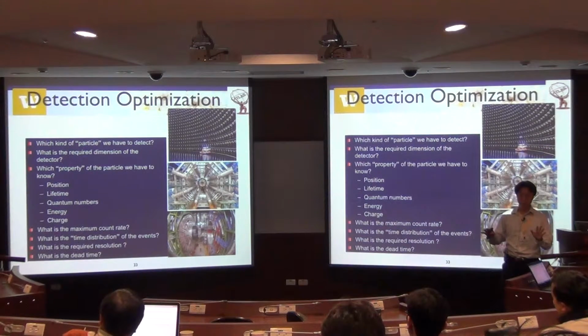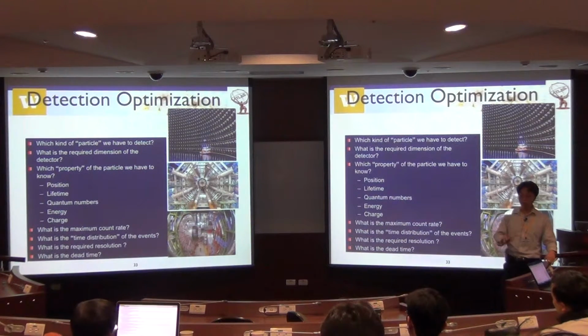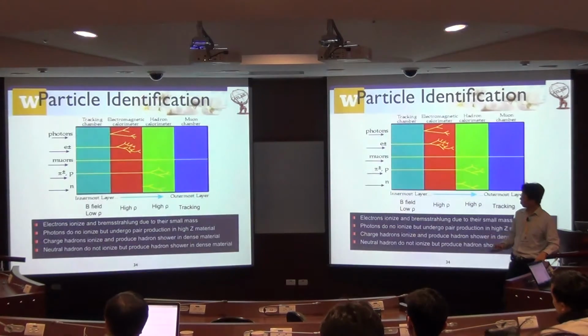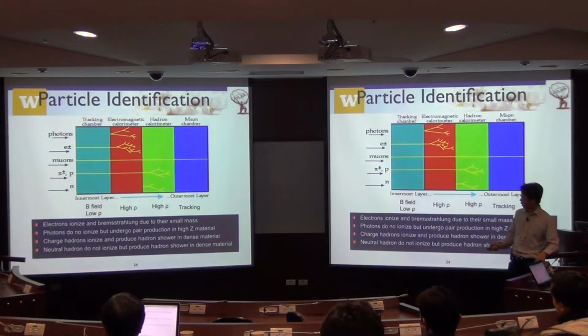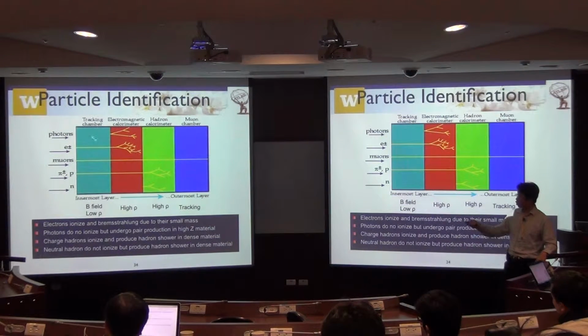But what we really care about is where they are really produced, what's the underlying physics behind that? Okay. So this is a brief summary about all those five major stable particles and how they could be identified using different combinations of the detector.